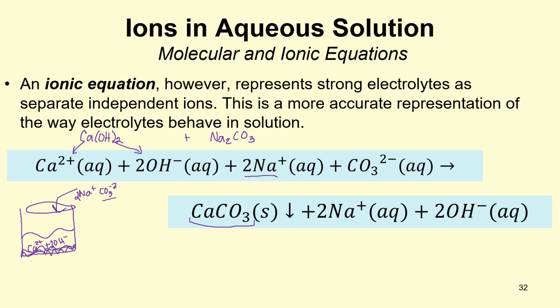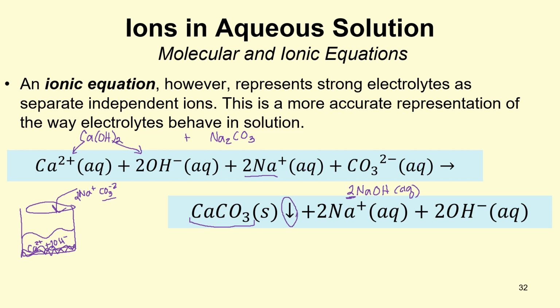And so it won't be dissolved in water anymore. And that's why we don't write it that way. We write it as combined. And then finally, our sodium hydroxide, remember it looked like this, sodium hydroxide, aqueous. And if we do have a coefficient, it distributes. So we have 2 sodium ions and 2 hydroxide ions. So this is called the ionic equation. Sometimes we call it the complete ionic equation because you have all the ions written out that need to be written out.